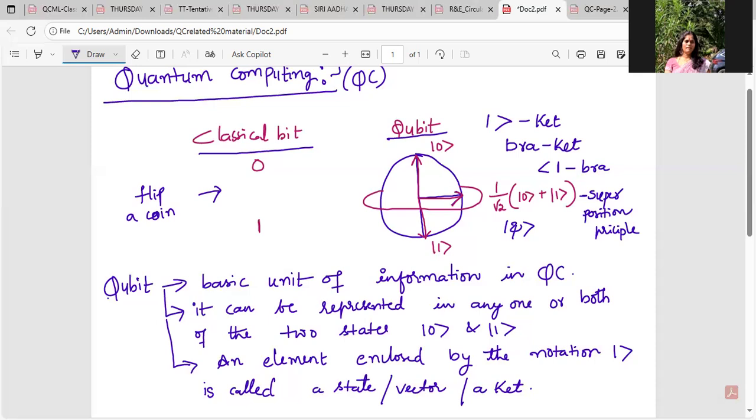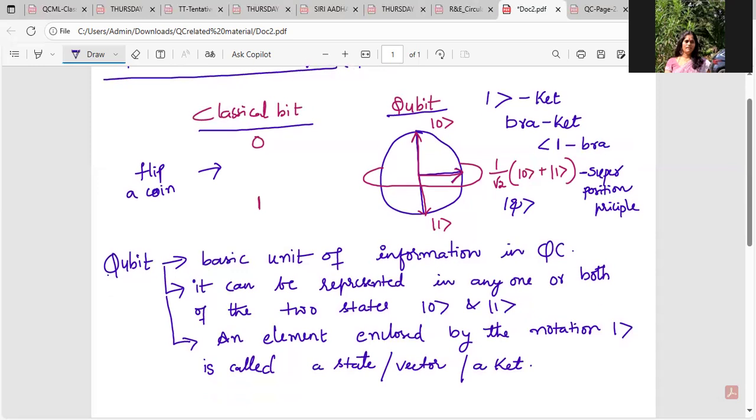Though it is confusing, the mathematical parts are very interesting provided we are clear with the notation. So first I'll look into the mathematical parts. Again, I repeat the second point of the qubit: a qubit can be represented in any one of ket0 or ket1 or both of the two states. When I'm talking about both of the two states, then the superposition principle comes into the picture.